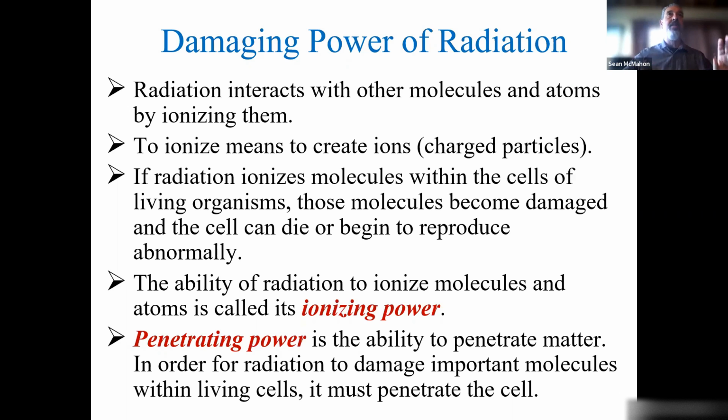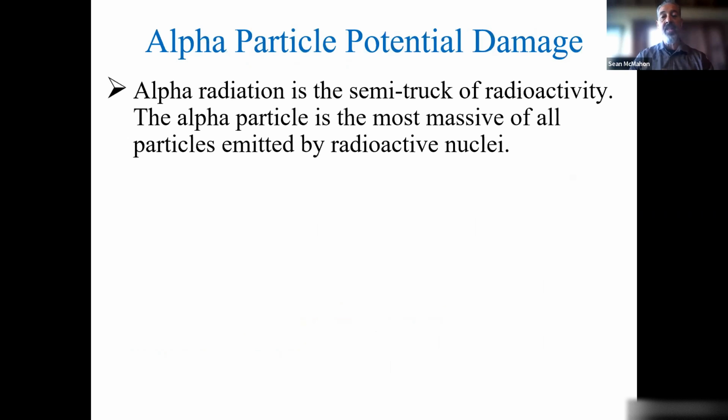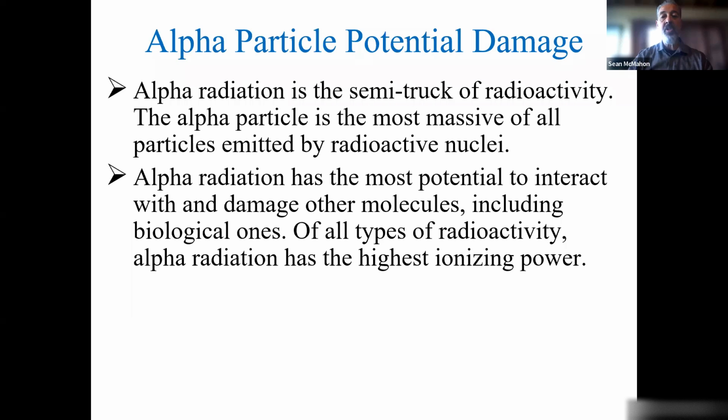And in some ways, they're kind of inversely proportional. So what do I mean? If I think of an alpha particle and its potential damage, you can think of it as the semi-truck of radiation. What do I mean by that? It's a really big particle, okay? It's shooting out this huge particle from the nucleus, which means it has a lot of potential to damage cells and molecules.